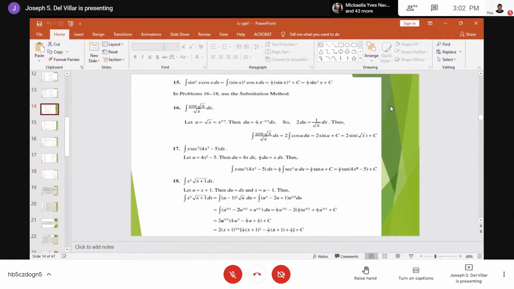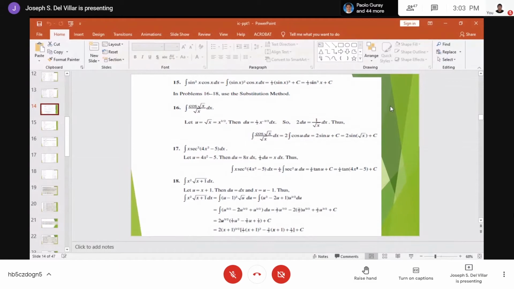So why? The substitution, sir. If you substitute, what comes out? What will be your substitution? It becomes the integral of u squared du. Let u equal sine x, sir.